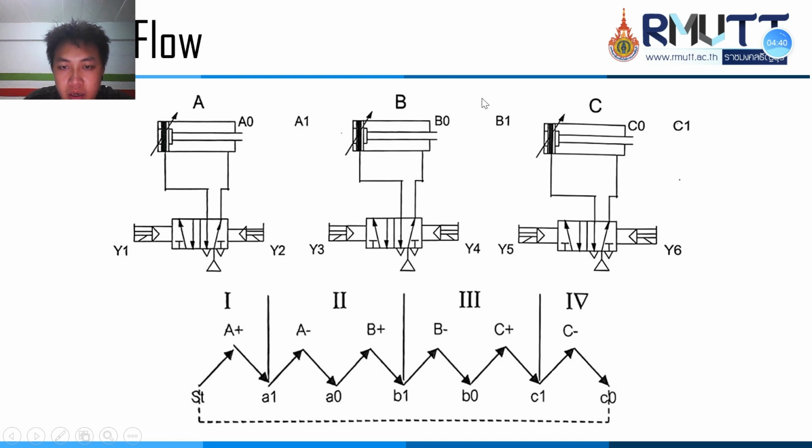And when we reach the B0 signal, the C cylinder will work from C0 to C1 and from C1 to C0, C plus, C minus.